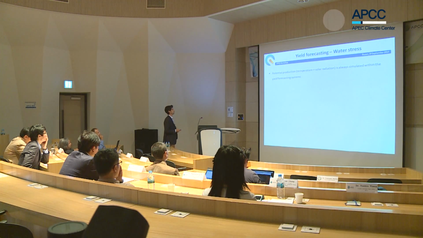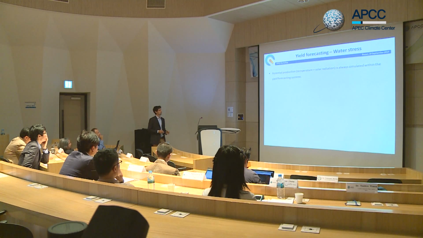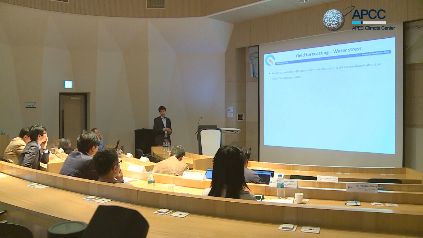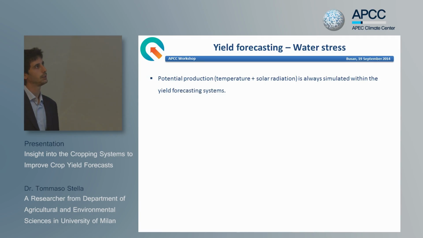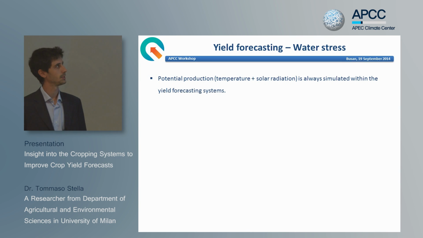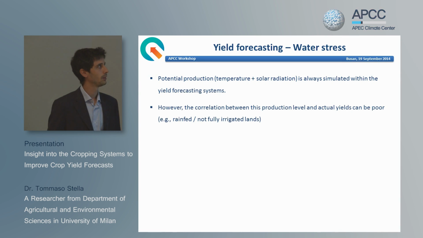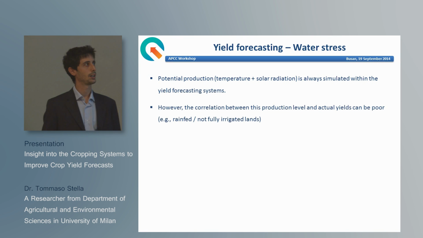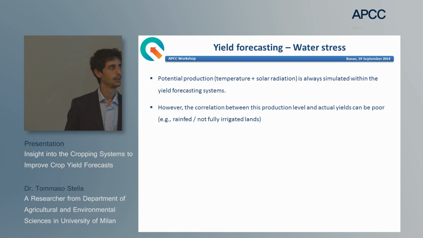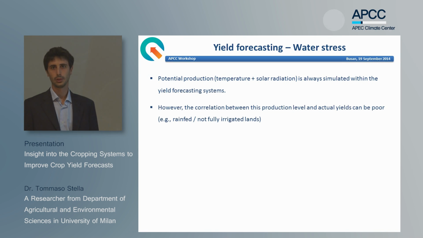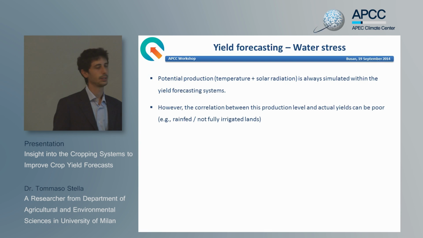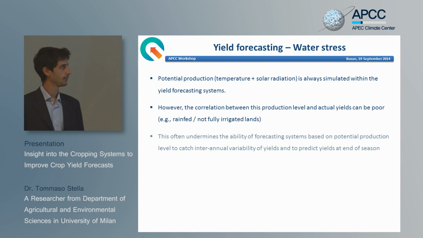First of all, potential production, which depends only on temperature, usually temperature and solar radiation, is almost always simulated within yield forecasting systems. However, the correlation between this production level and actual yields can be poor, for example, in case the fields are rain-fed or not fully irrigated.